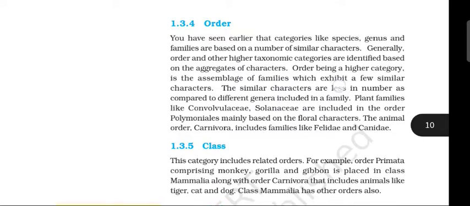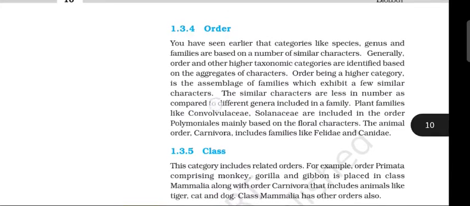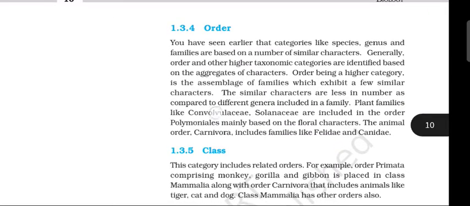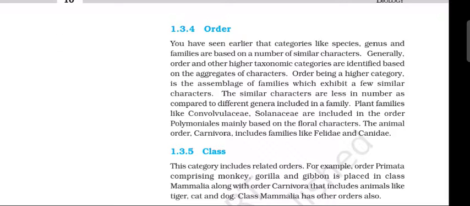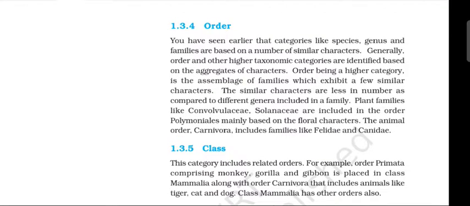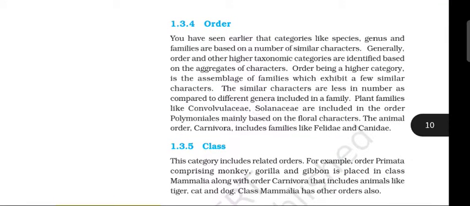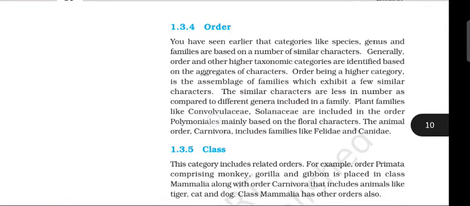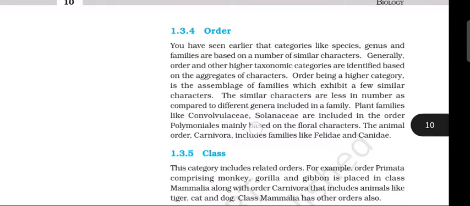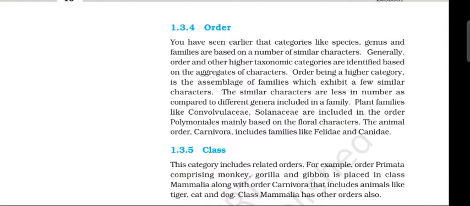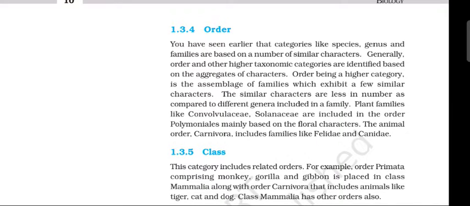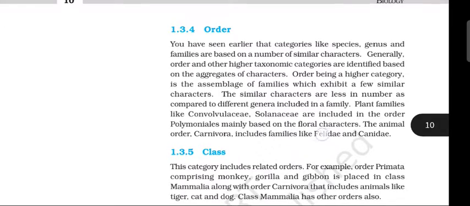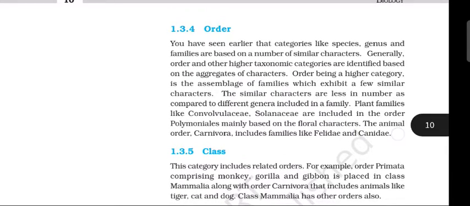These similar characters are fewer in number as compared to different genera included in a family. Plant families like Convolvulaceae and Solanaceae are included in the order Polemoniales, mainly based on the floral characters. The animal order Carnivora includes families like Felidae and Canidae.